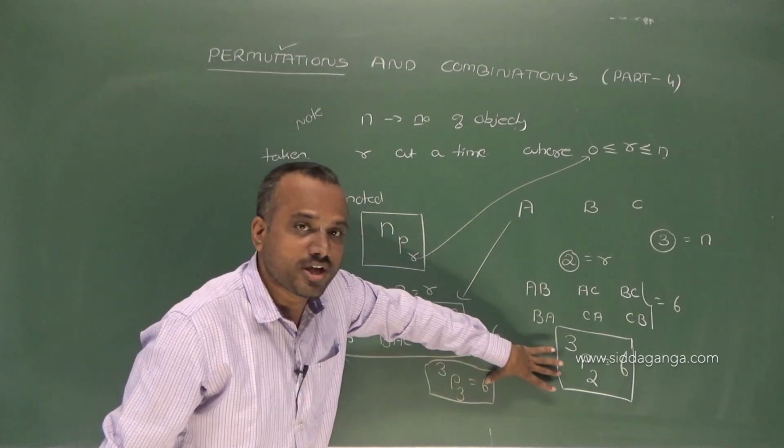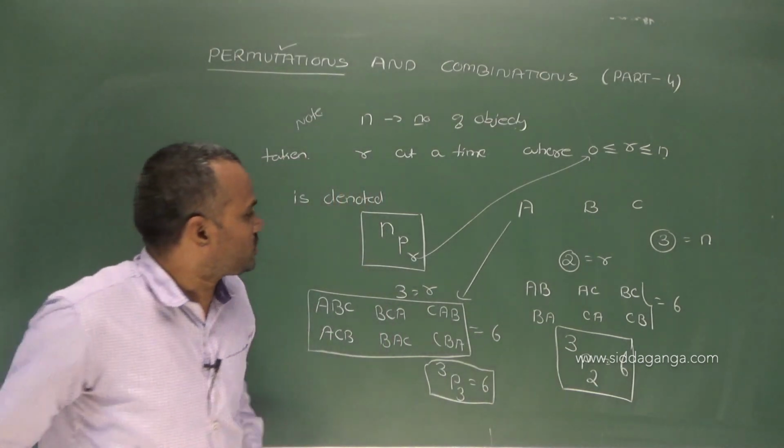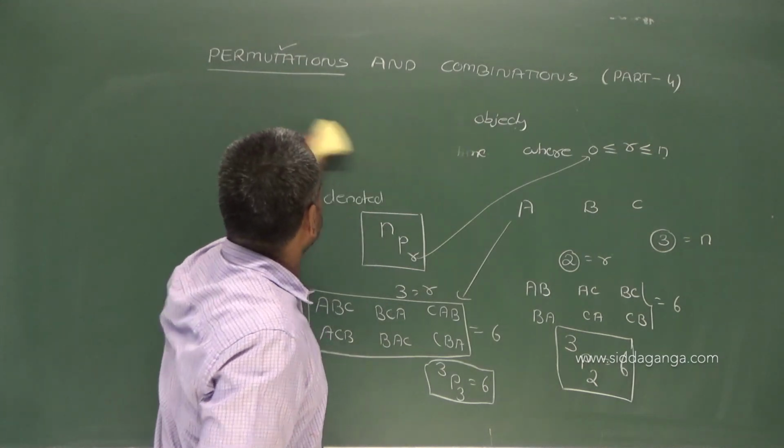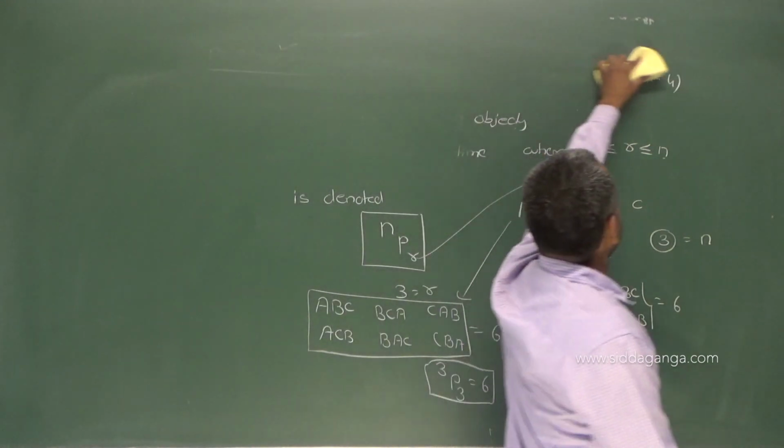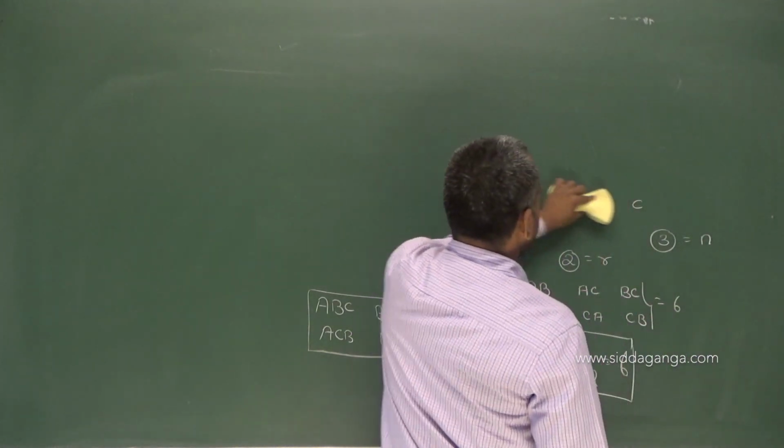These are the notations to denote permutation. After knowing the notation, write the formula. Very important formula.